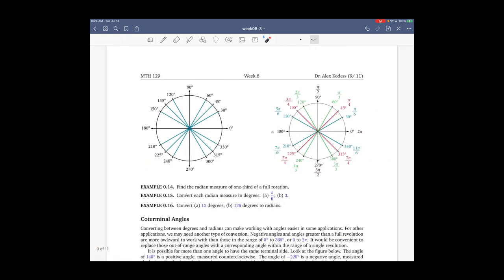On the next page, we have 2 circles showing common values of measurements of angles, both in degrees and in radians.